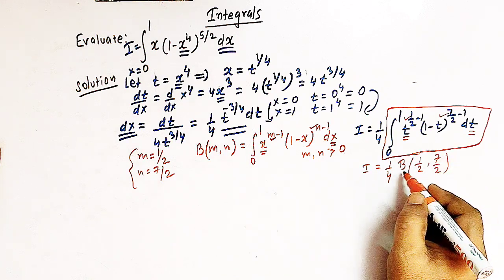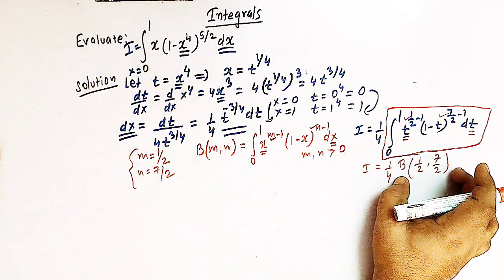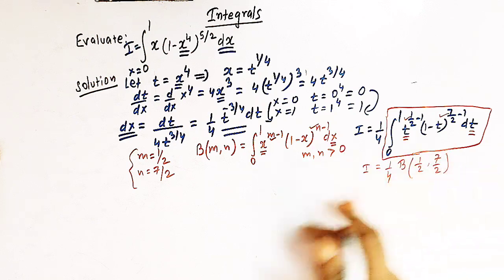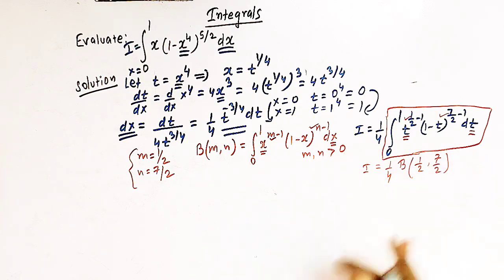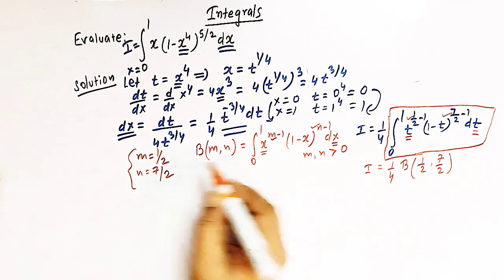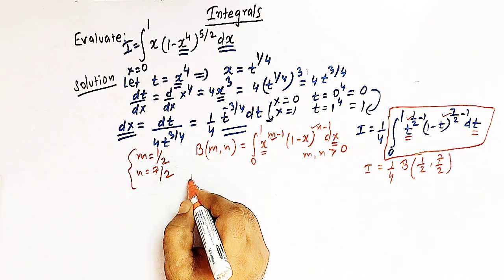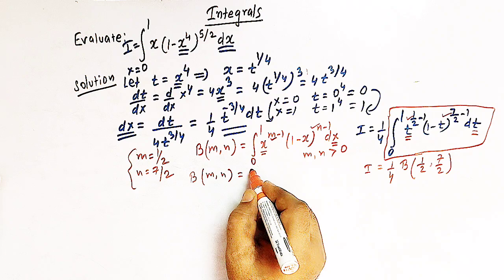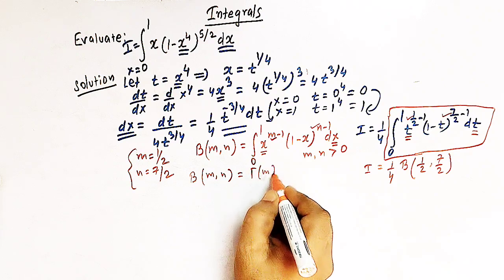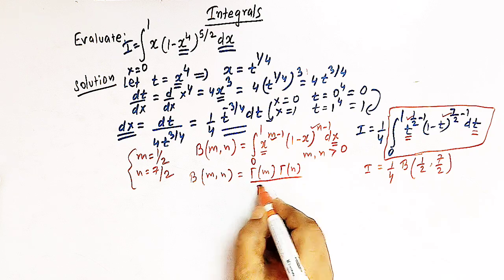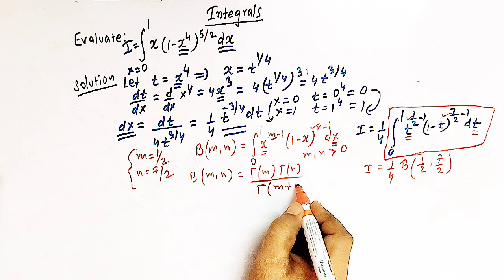So now our aim is to find out the value of this beta function by converting it into a gamma function. So the relation between beta function and gamma function is given by beta m comma n, and we have here gamma of m, then gamma of n divided by gamma of m plus n.